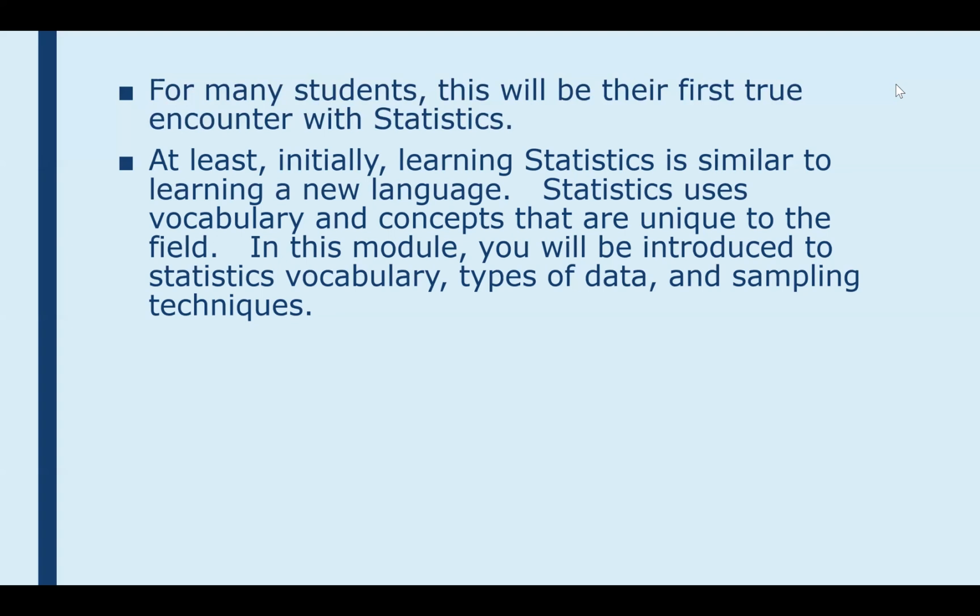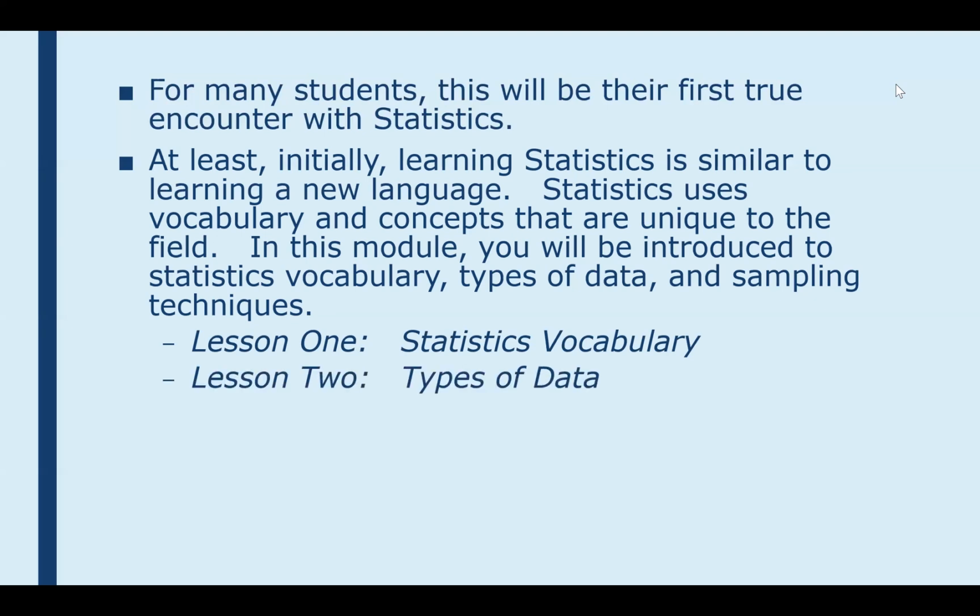What is the variable? What is the parameter? That's where we have to begin, learning the language of statistics. The first few lessons in this course are going to help you do that. Honestly, the first few lessons are a lot of vocabulary and a lot of concepts that are unique to statistics.